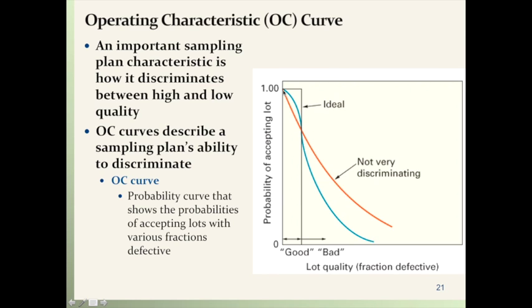And in this case, if you look here, the curve comes down like this. So in this case, it's very discriminating. In this case, it's not very discriminating. You're not really at the knee of the curve there. That's sort of the operating characteristic curve.